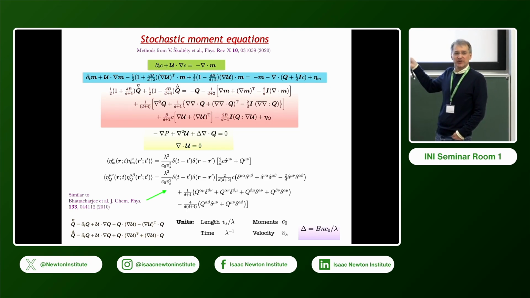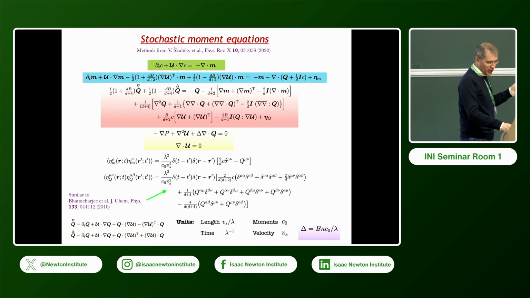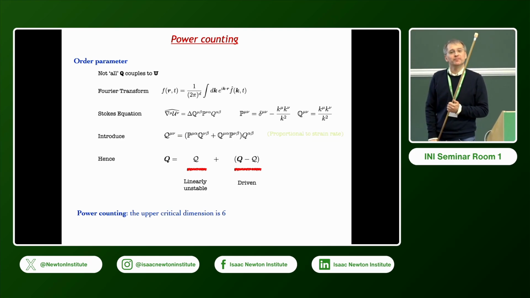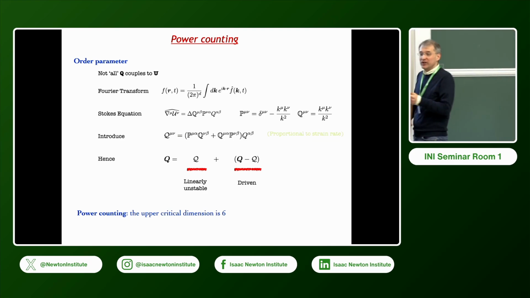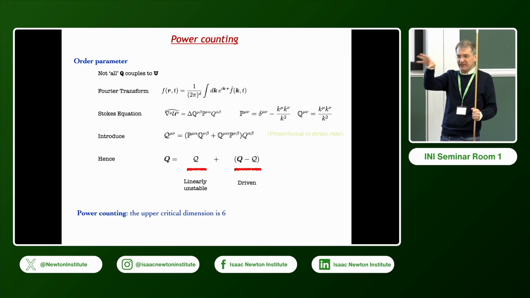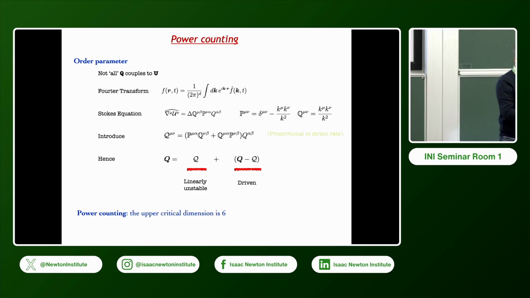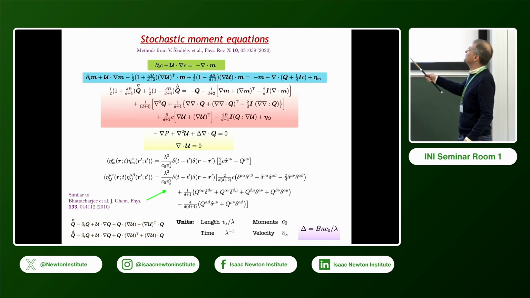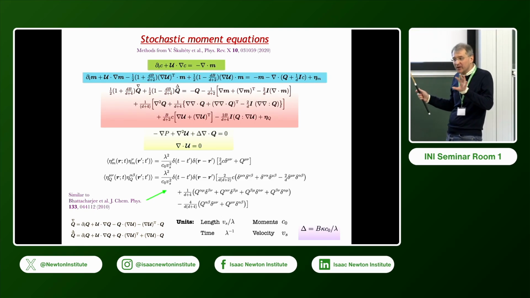There is a catch, and the catch is that not every part of Q contributes to U. So only a subset of the Q tensor drives the flow. And you can immediately see that it's a kind of trivial statement, because there is a part of Q, and by part of Q, I'm not talking about some Cartesian components, I am thinking of separating Q into 2 bits.